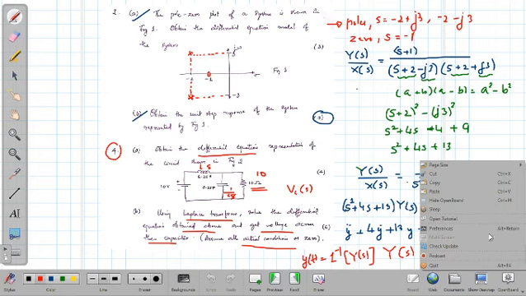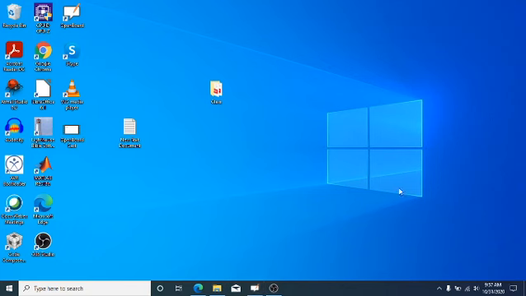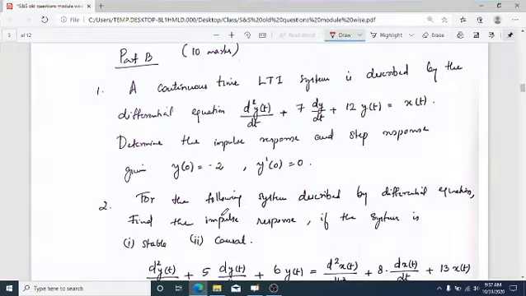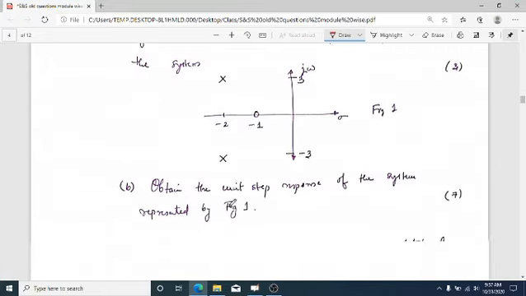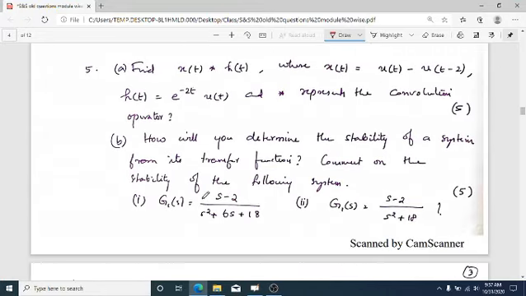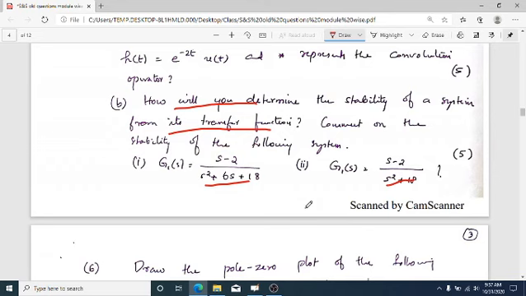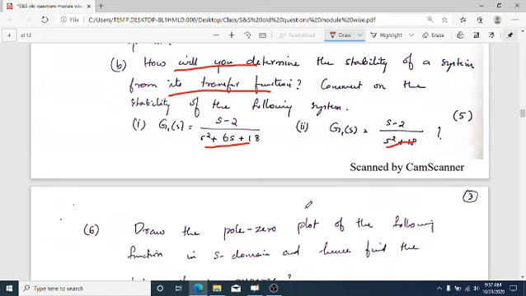Okay, so that is all. Any more questions? Let me check if some other questions are there. This we have done, this we have done. This question: how will you determine the stability of a system from its transfer function? That I have already explained. Comment on the stability of the following system. What you need to do is check the pole locations, and if the poles are on the right side, it is definitely unstable.